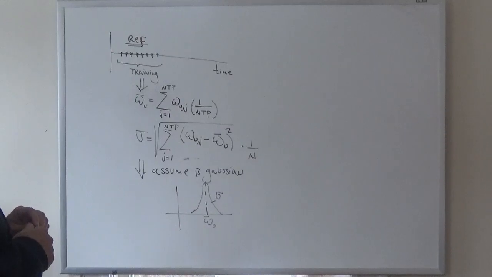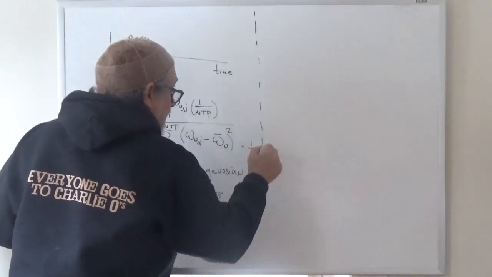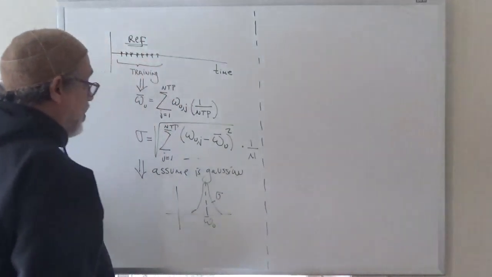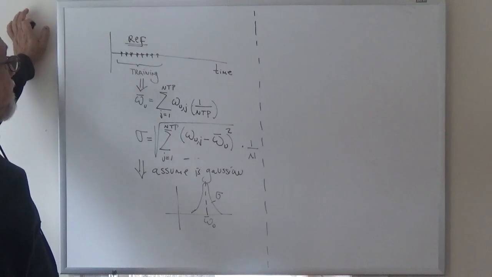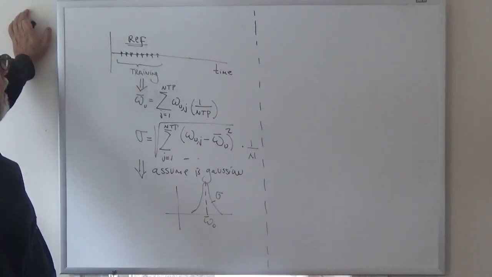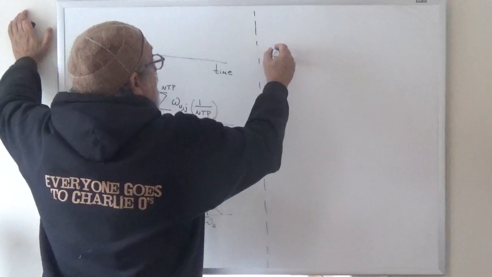Now, once we have that distribution, we can certainly say that the variable z.